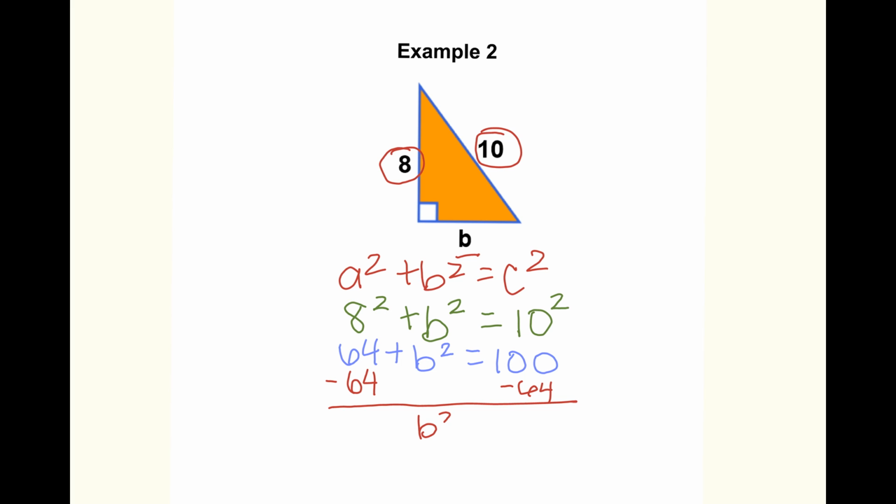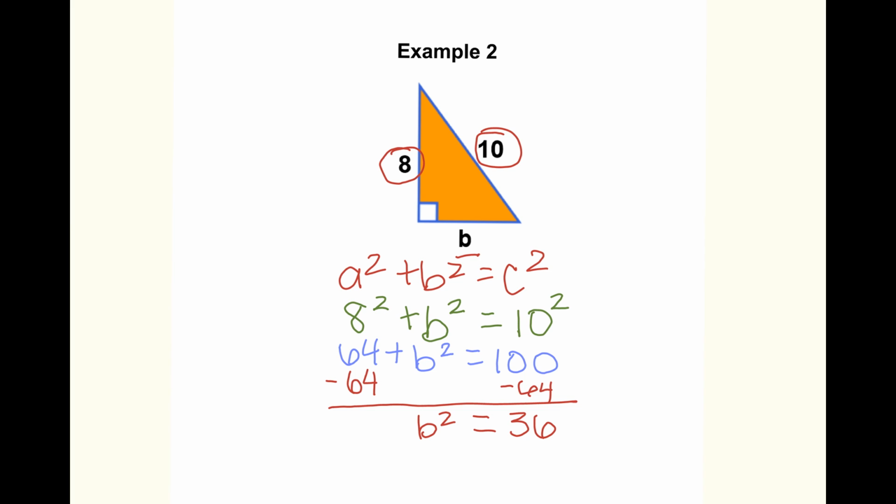So when I do b squared, I have to think, okay, 100 minus 64. I'm just going to count up. I'm going to say 64, 74, 84, 94, and then I'd need 6 more to get to 100, and that is going to be equal to 36.